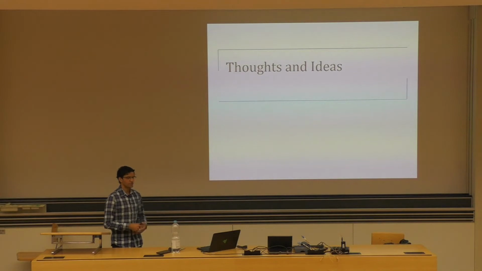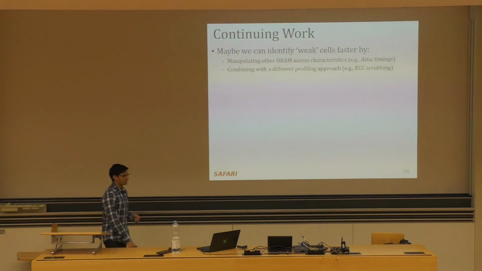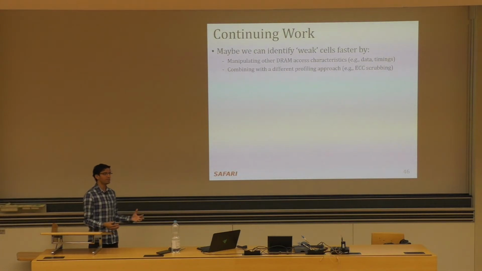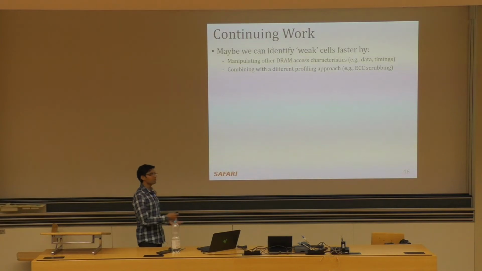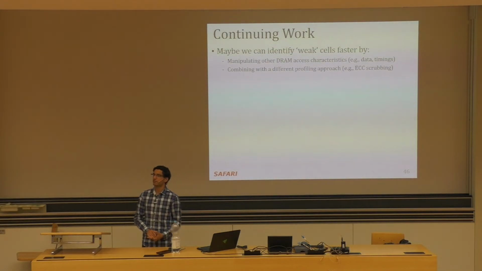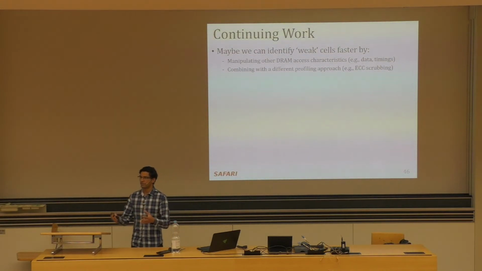So next I want to talk about some of my thoughts and ideas, and again I'm going to focus on extensions to this work, right? So the first thing I want to talk about is maybe we can identify these weak cells faster by doing more intelligent things, right? And so two things that came to mind were, first, we can manipulate other DRAM access characteristics. So one good example is this data pattern, right? As I showed with the brute force profiling and with this REAPER mechanism, we test a set of data patterns, right?